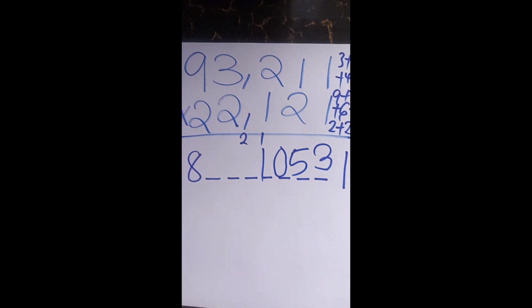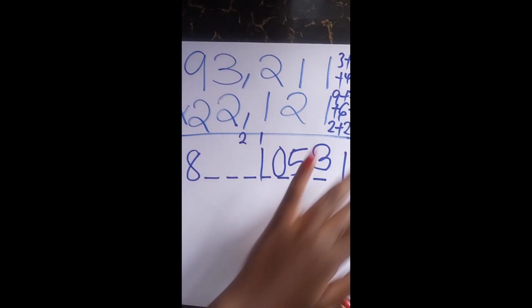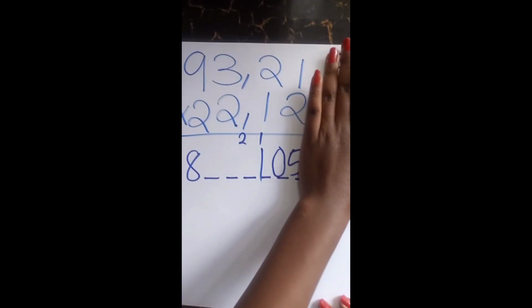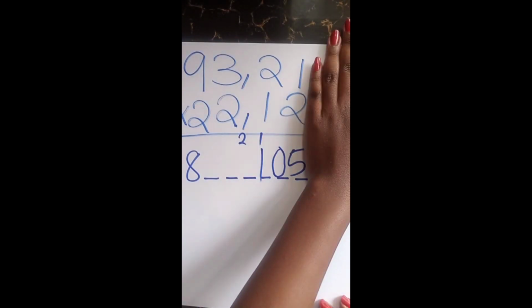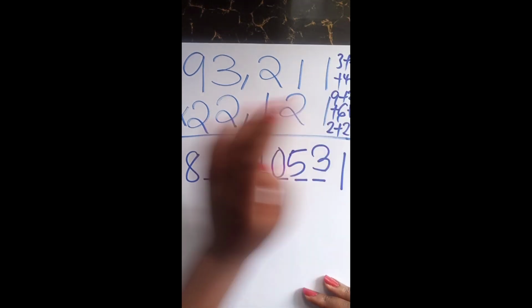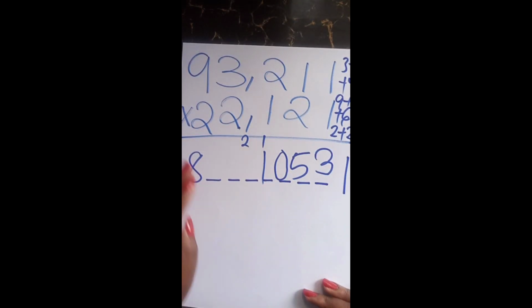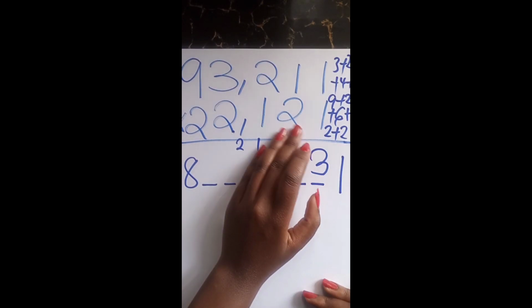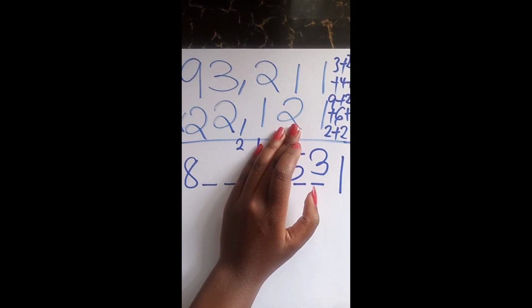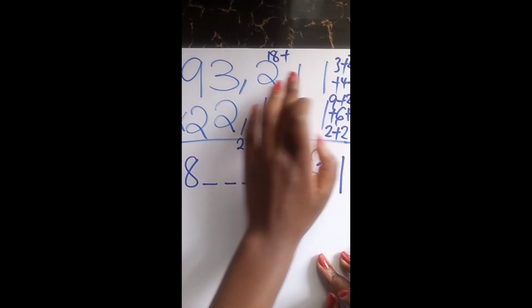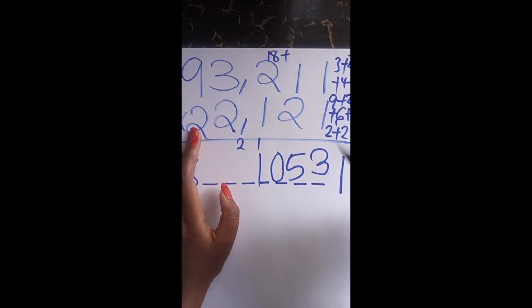Okay, so the next step is, now that we are done dealing with the 5 digits, we'll start dealing with the 4 digits like this up to here. We'll assume that this part is not here and deal with the 4 digits as they are. So what will we do? We'll multiply 9 times 2. We're assuming this part is not here. 9 times 2 is 18, plus 1 times 2 is 2.